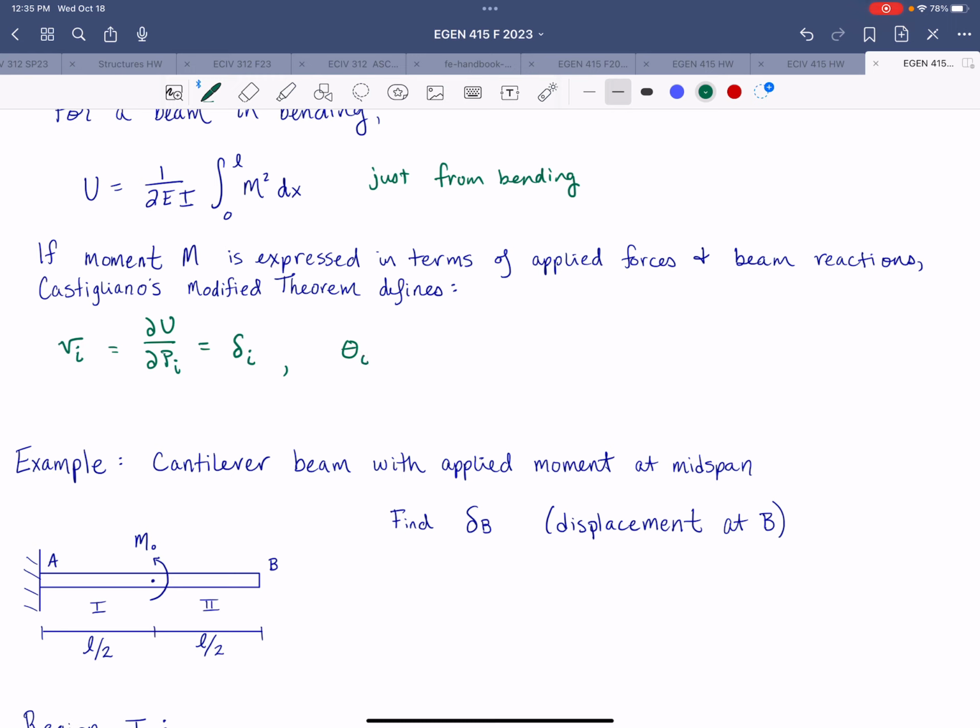And the rotation at a specific point, i, can be represented as the partial derivative of strain energy with respect to a moment at that location. So we'll define M_i here represents an applied moment, P_i represents an applied force, and these are all at a specific point, noted i.